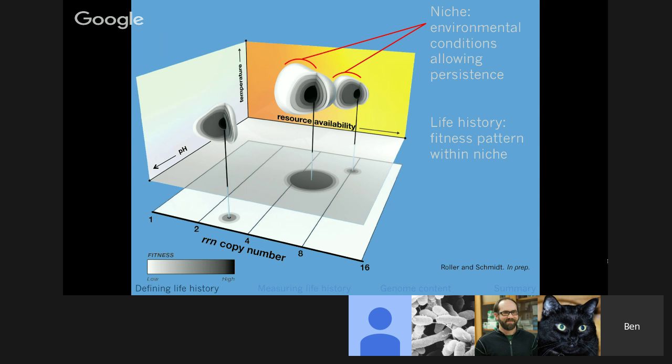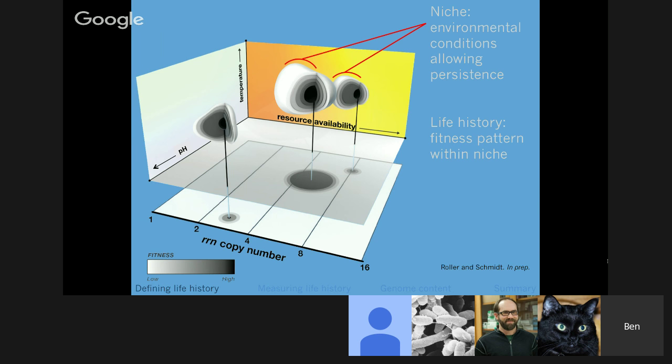So we can look at the species on the lower left of this conceptual diagram, and we could describe its life history as being characterized by having a higher competitive ability at low resource concentrations and high pH, while the other 2 species are more competitive at lower pH and at higher resource availabilities.